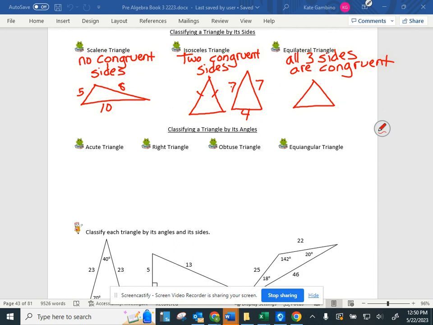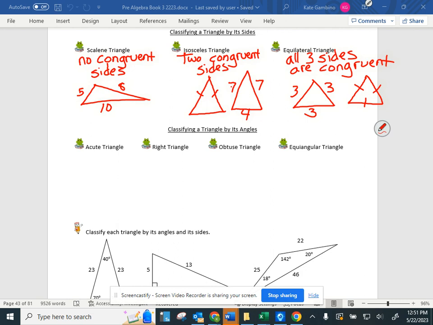I could give each one the exact same numbers. What's another way I could label an equilateral triangle? Audrey. I can give all three the same hash marks. Either way, it shows that it is equilateral, through the measurements, through the notches I put on it. Those are my three types of triangles by side measurement.